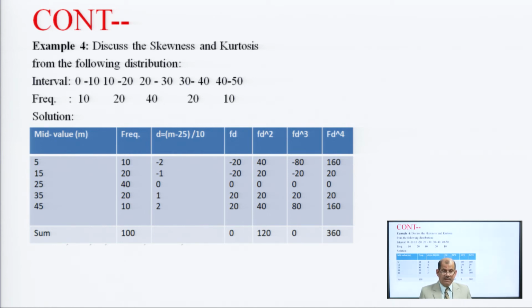Frequencies are 10, 20, 40, 20 and 10. Solution: first we find the mid values of the given intervals: 5, 15, 25, 35, 45. Frequency is 10, 20, 40, 20, 10. Sum of frequencies is 100.